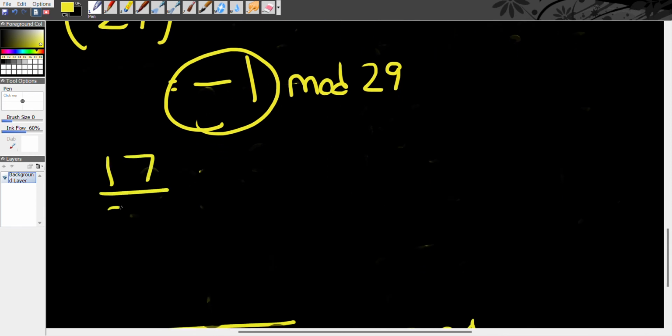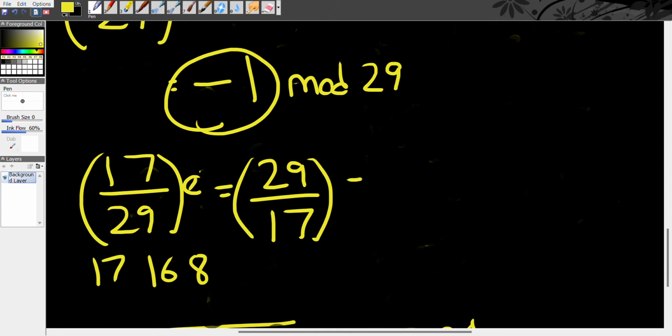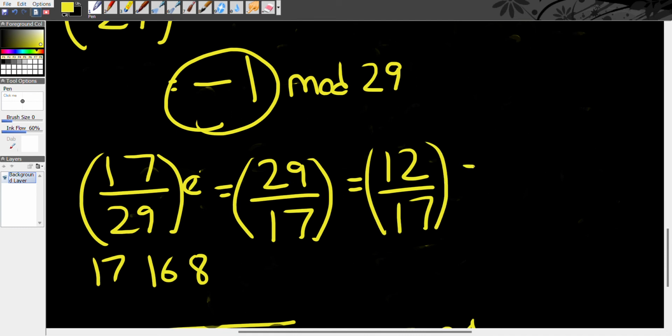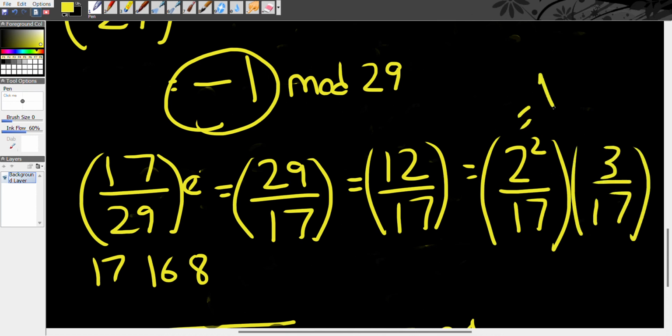Well, 17 over 29. 17 minus 1 divided by 2 is even, which means that we can flip it without incurring a minus 1 factor. Subtract 29 from 17 and you get 12 over 17, which is equal to 4 times 3 over 17, and this is equal to 3 over 17.